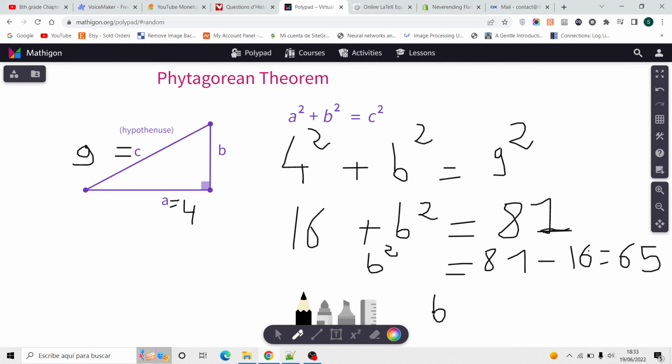So b equals the square root of 65. Okay, which is 8 point something. Right. I'm not going to calculate here. So here we have calculated b, which is square root of 65.